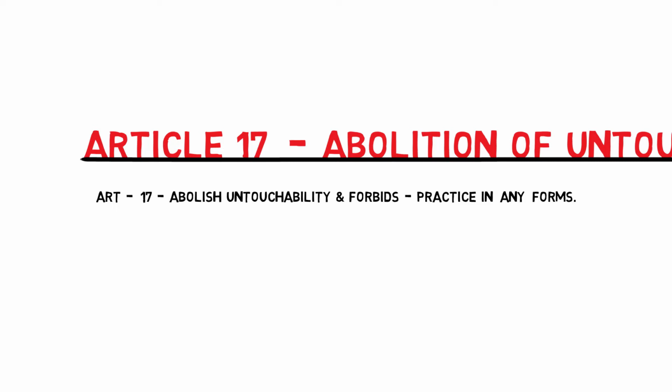Keeping this in mind, the constitutional framers of this country decided that until and unless we abolish the practice of untouchability, this country cannot move forward, cannot move together. And therefore, Article 17, Abolition of Untouchability, became one of the most important tools in the fundamental rights.